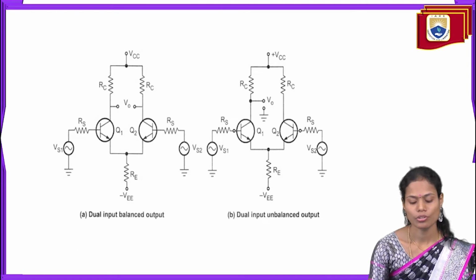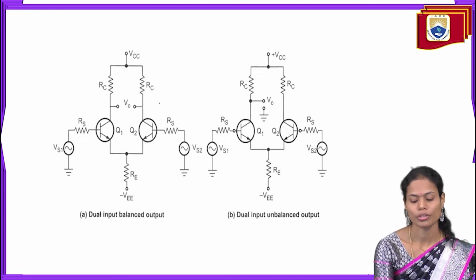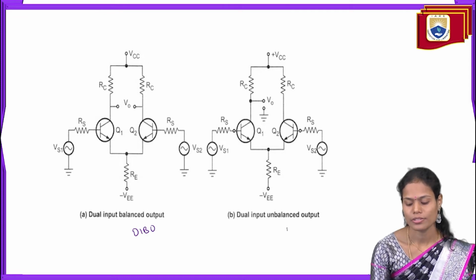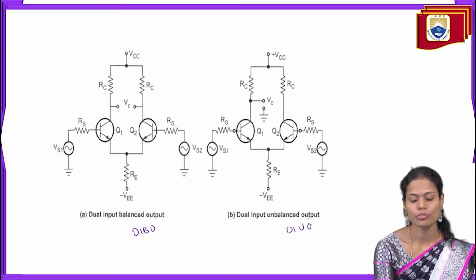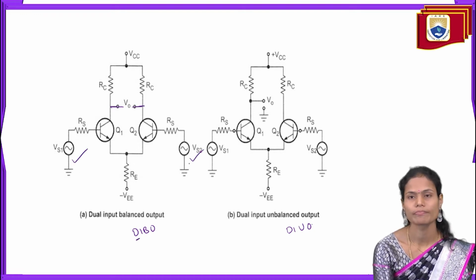So these are the circuits for those 4 amplifiers. This is dual input balanced output, and this is dual input unbalanced output. So here the common output we are taking, and we provide the 2 input signals. Dual means 2 inputs, and the output across the common point of 2 collectors we are taking. And dual input means again here 2 inputs we are providing. Unbalanced means at any one collector of the transistor we have to measure the output.